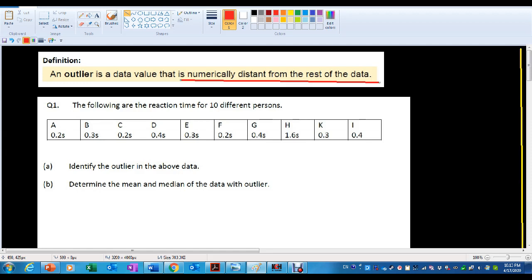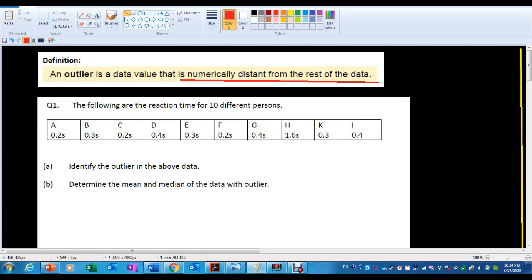For example, if you are driving and you see someone coming out across the road, the time you react and brake your car would be the reaction time. Normal people's reaction time would be around 0.2 to 0.4 seconds. So we see the data for 10 different persons.